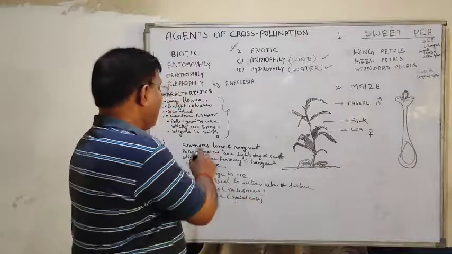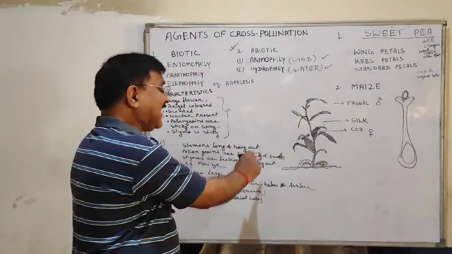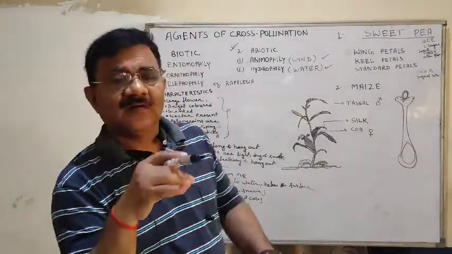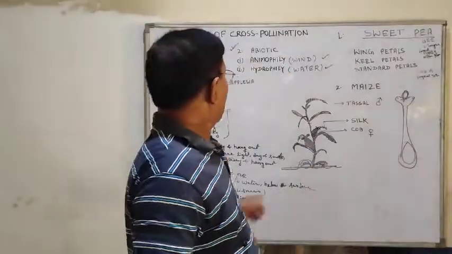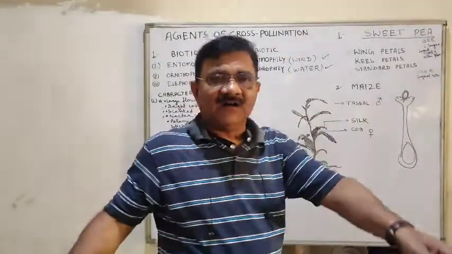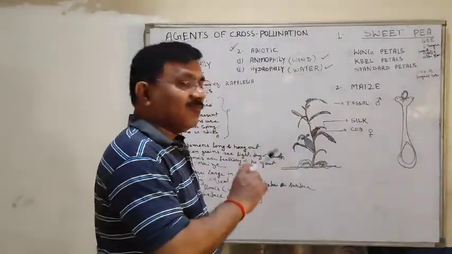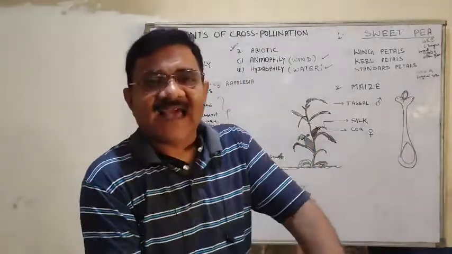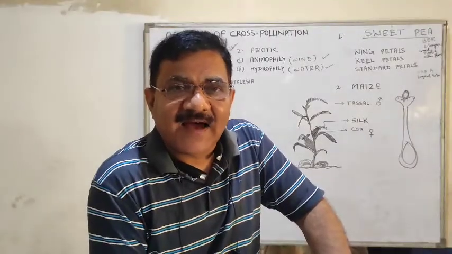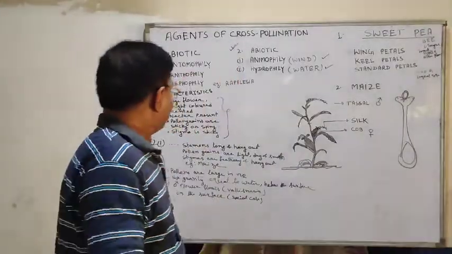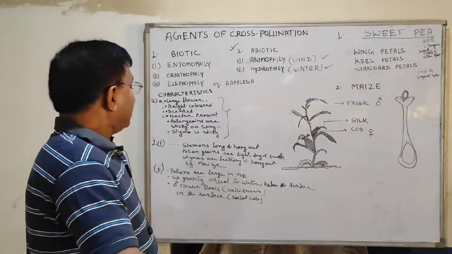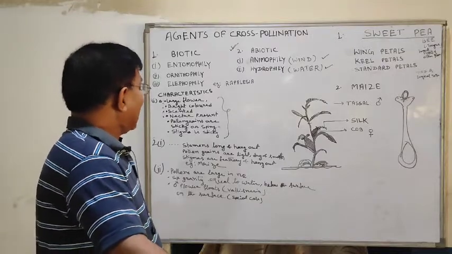Next thing, pollen grains are light, dry and smooth. Pollen grains of anemophilous flowers are light, dry and smooth so that they can be easily carried by air. Next thing, stigmas are feathery and hang out.